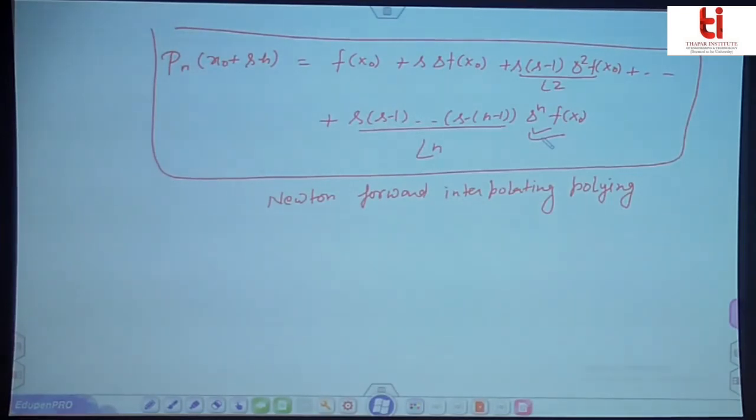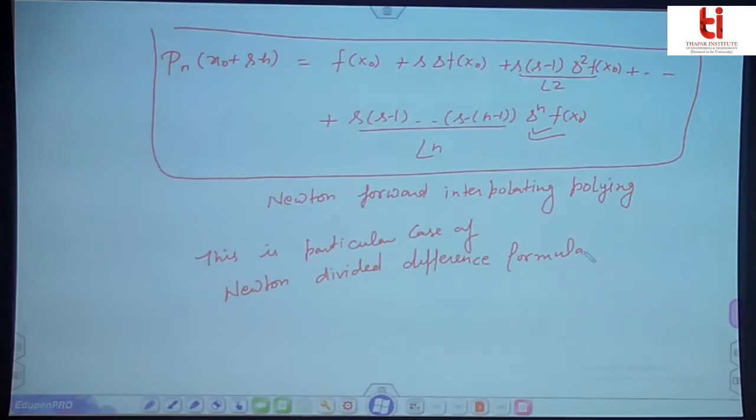So this is the particular case of the Newton divided difference formula, which is for unequal nodes.